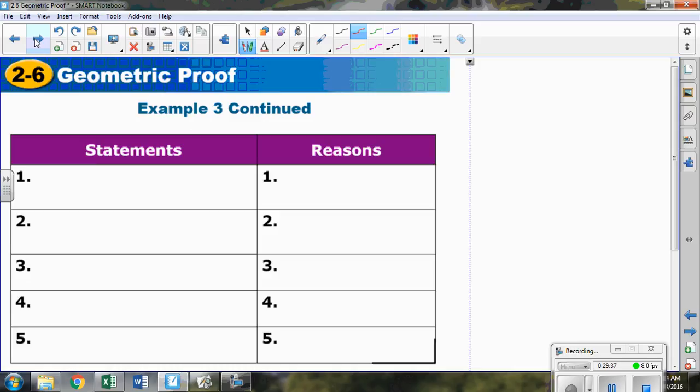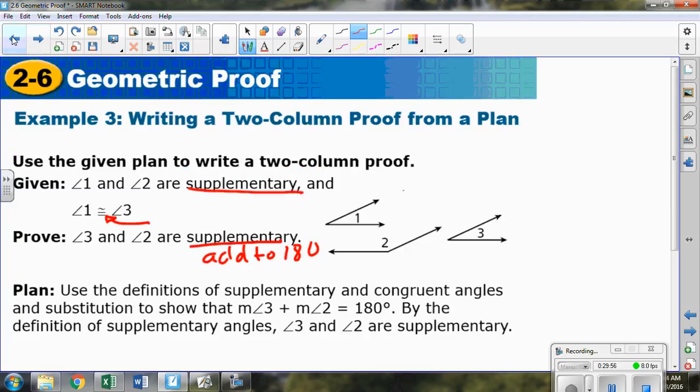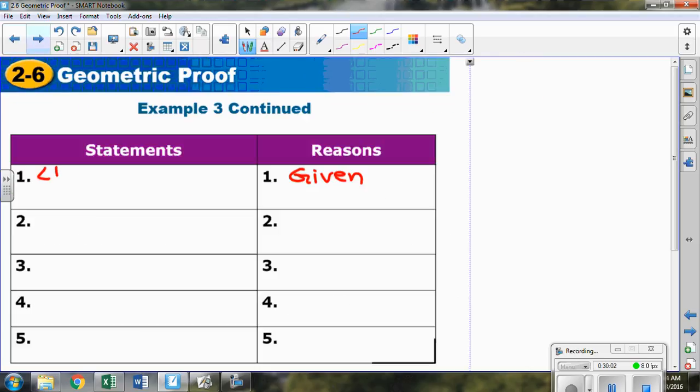So, from start to finish, what do we have? We know that we should always start with the given. What is it that we were given as true? We were given angle 1 and angle 2 are supplementary.